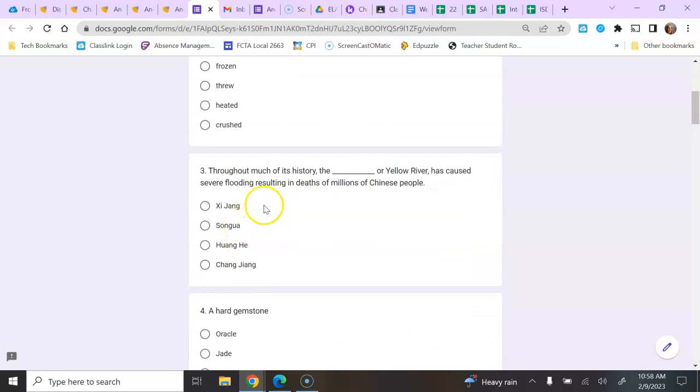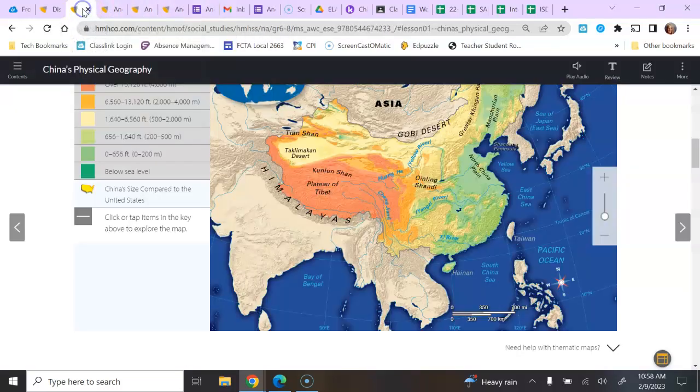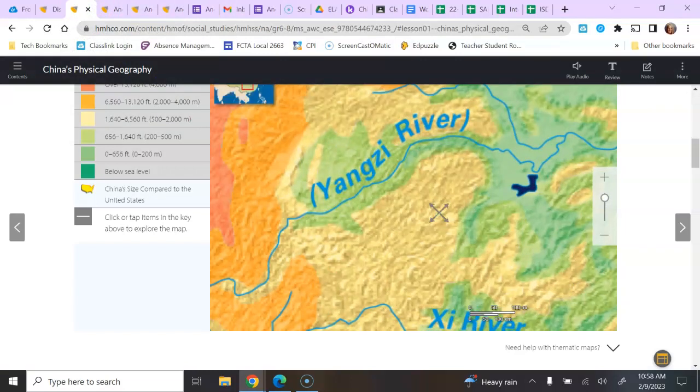Number 3. Throughout much of its history, the blank or Yellow River has caused severe flooding, resulting in deaths of millions of Chinese people. So we have the Saiyang, Songhua, Huanghe, or Changjiang. So if we look at the map and we want to find the Yellow River, if I can find it.